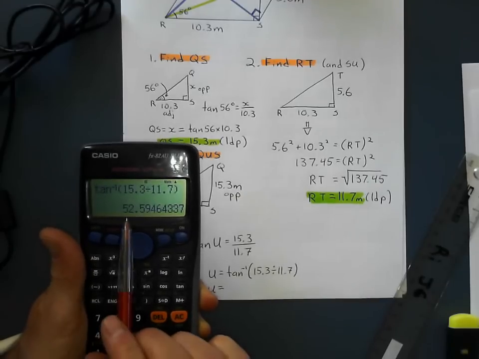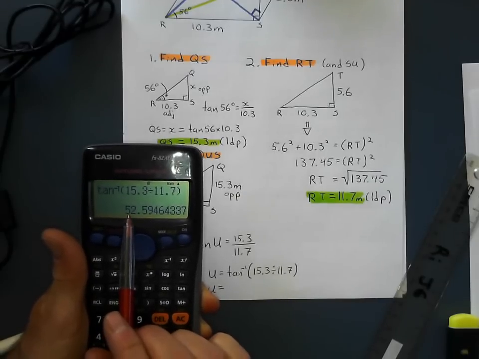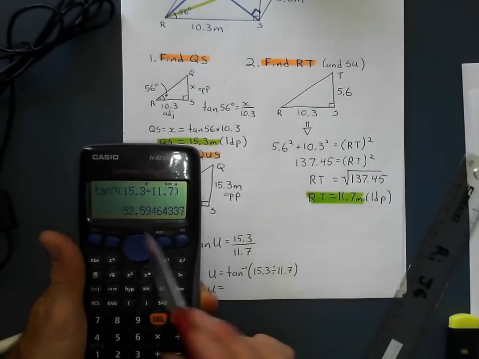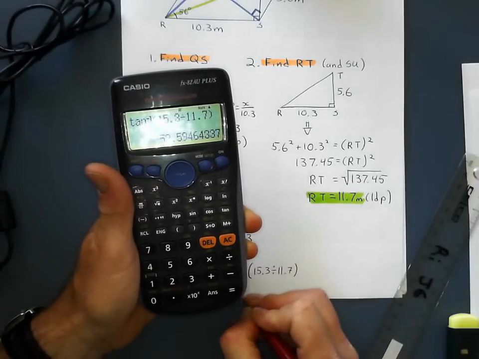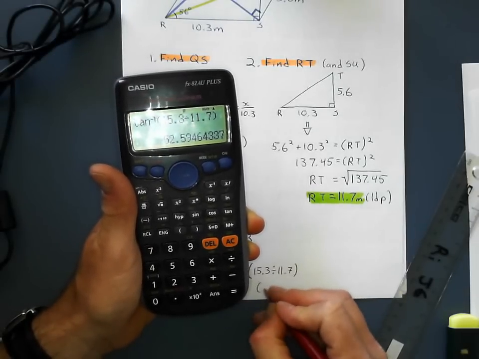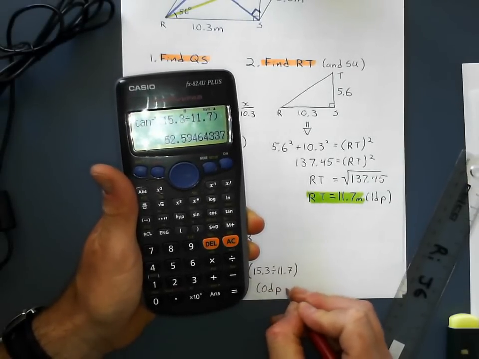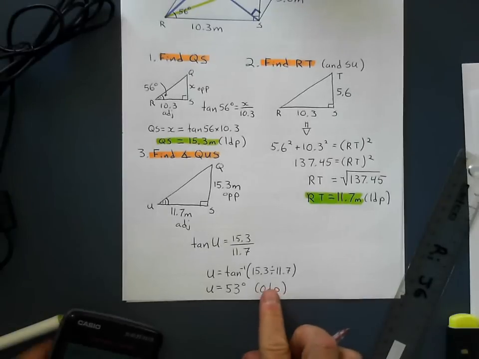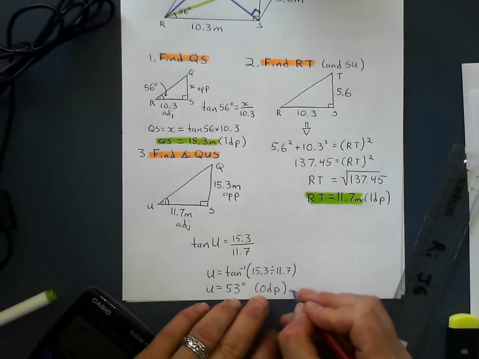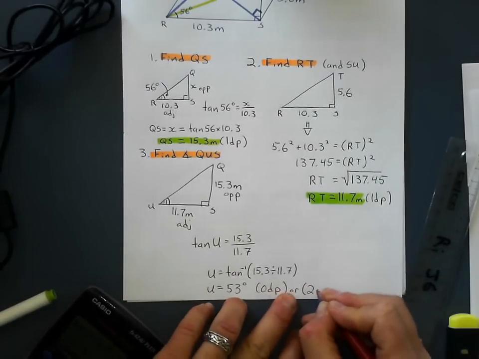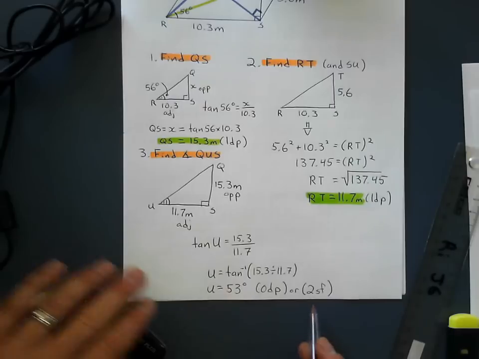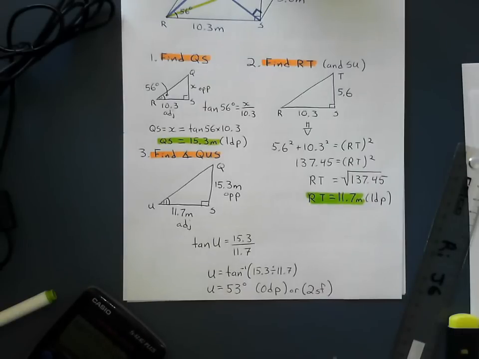Just say 53. You could say 0 dp, or a better way to do it would be 2 significant figures, because degrees don't need decimals. None of us here are going to measure anything to the 10th of a degree. That would be just silly.